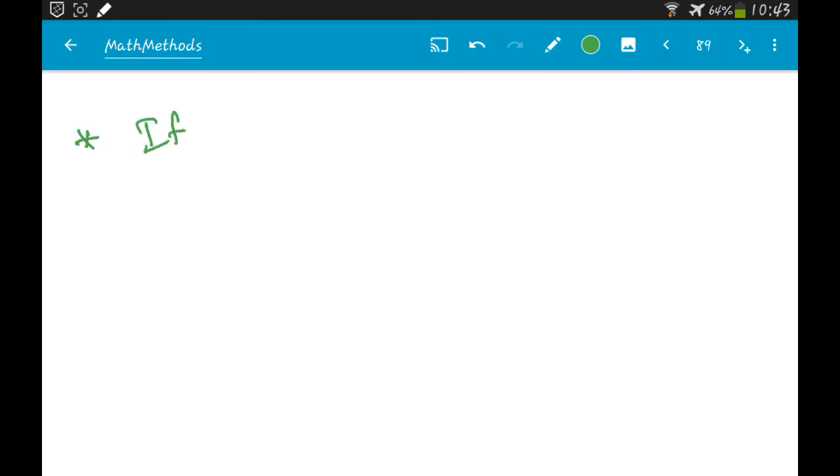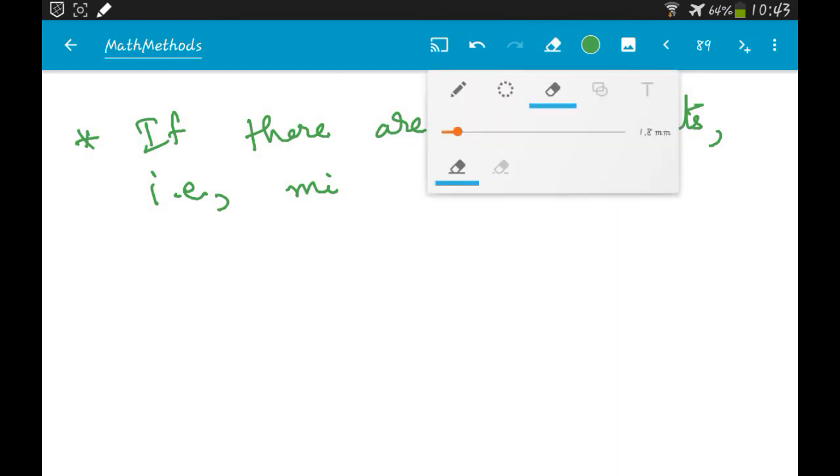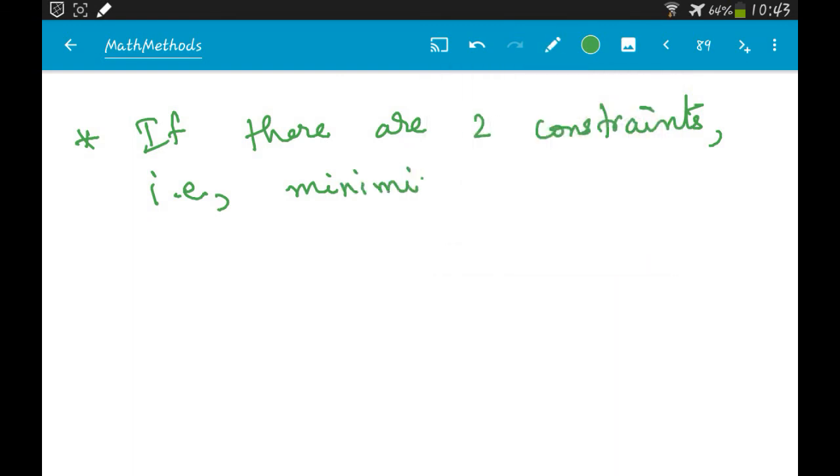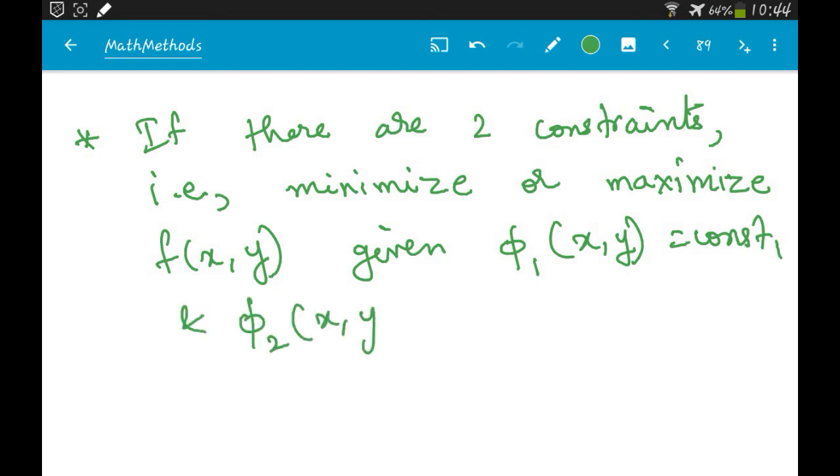Okay, so if there are two constraints, that is minimize or maximize f of x, y given phi 1 of x, y is constant 1 and phi 2 of x comma y is constant 2.